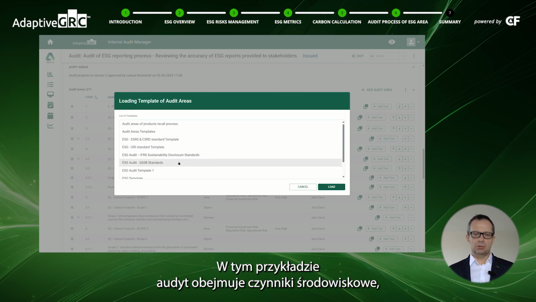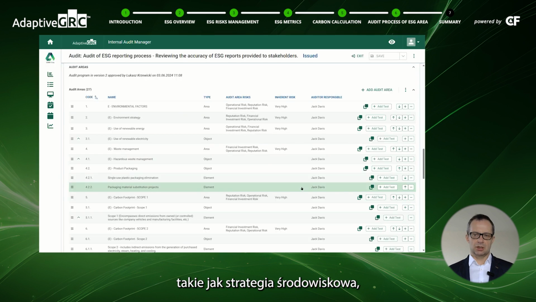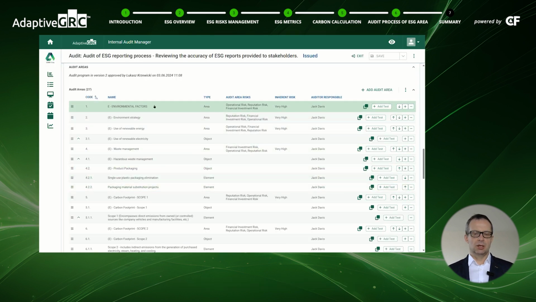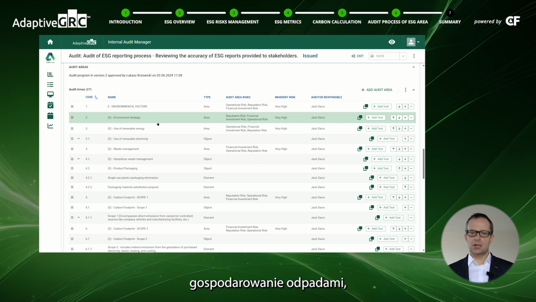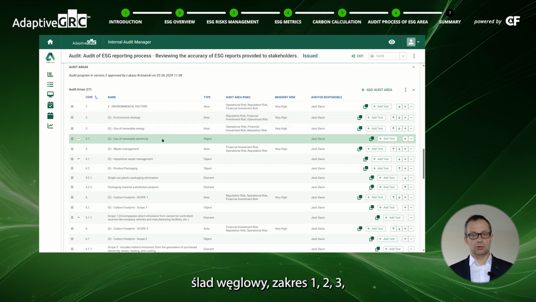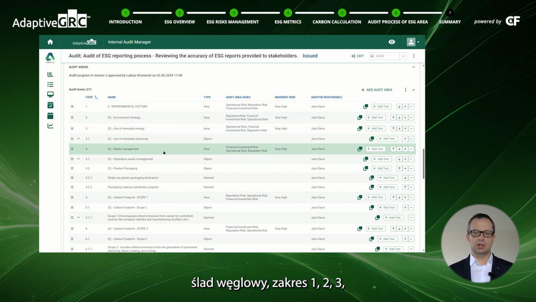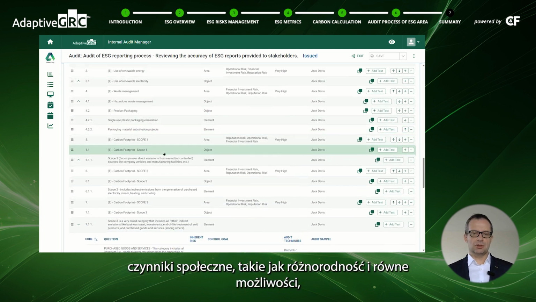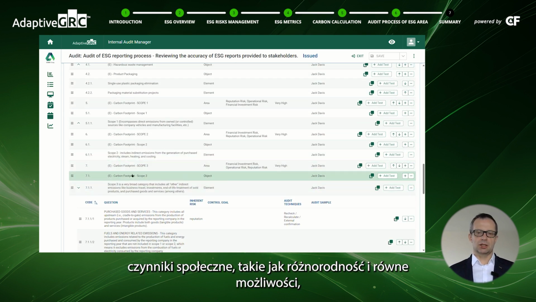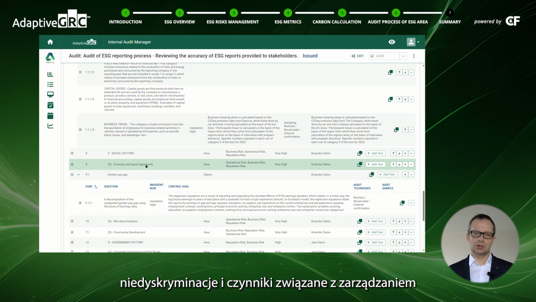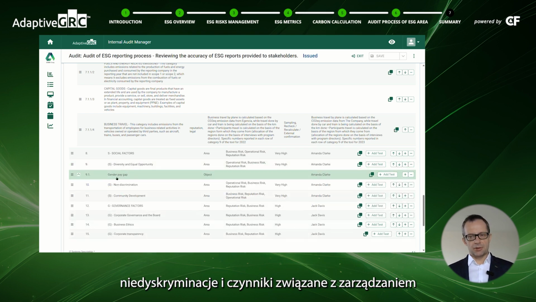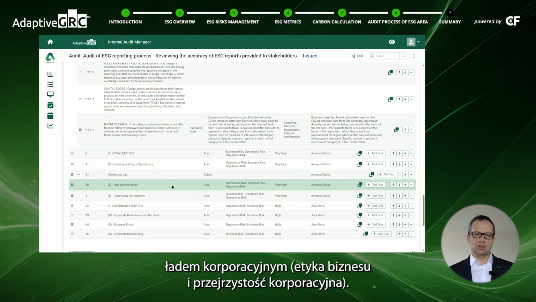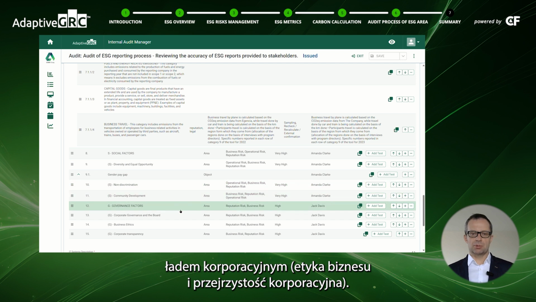In this example, the audit covers environmental factors such as environmental strategy, use of renewable energy, waste management, carbon footprint, scope 1 to 3, social factors like diversity and equal opportunities, non-discrimination, and governance factors, business ethics and corporate transparency.